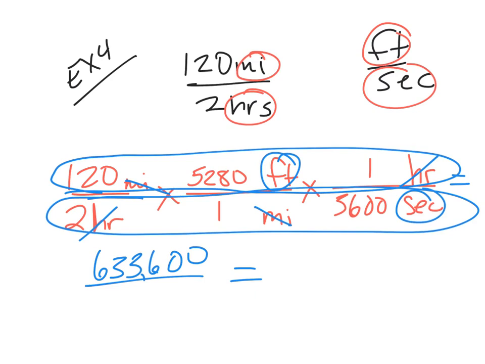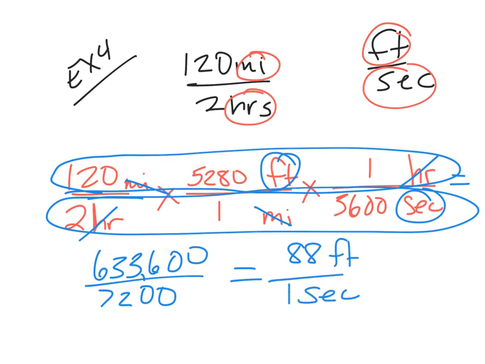7200. So then divide 633,600 by 7200. And you should get 88.